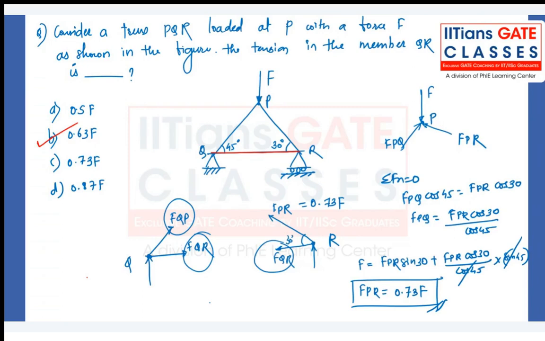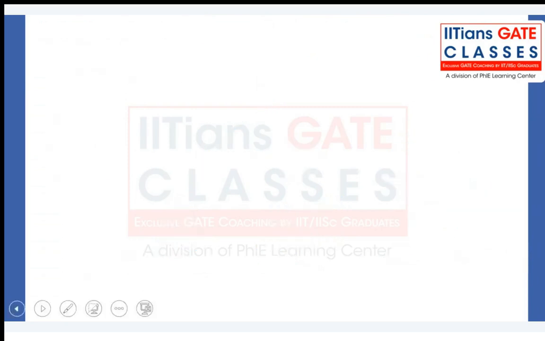So what is F PR? Let me draw the free body diagram again here. This is joint R. This is F PR. Here we already have F. RQ, okay, RQ is in this direction.